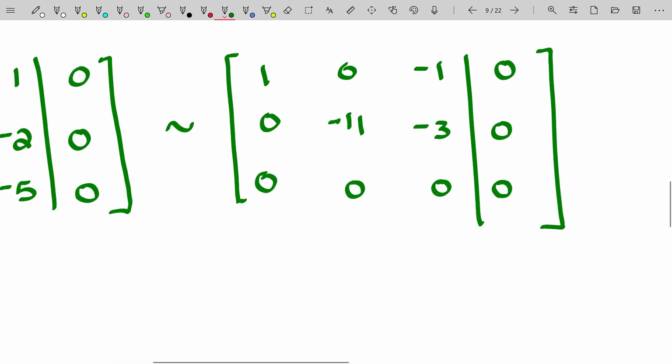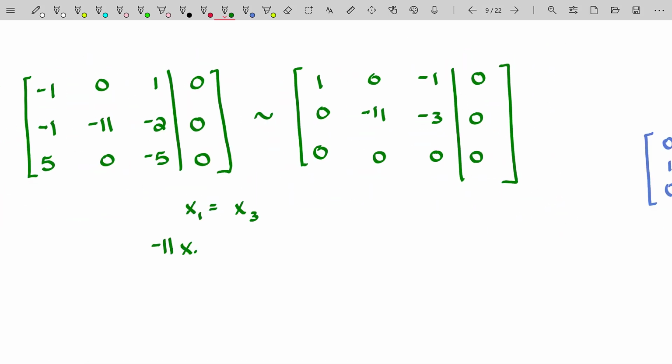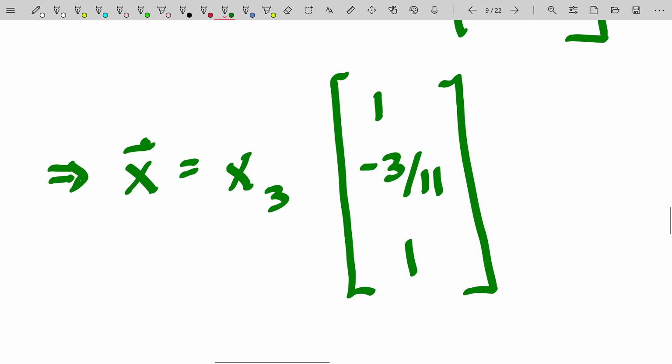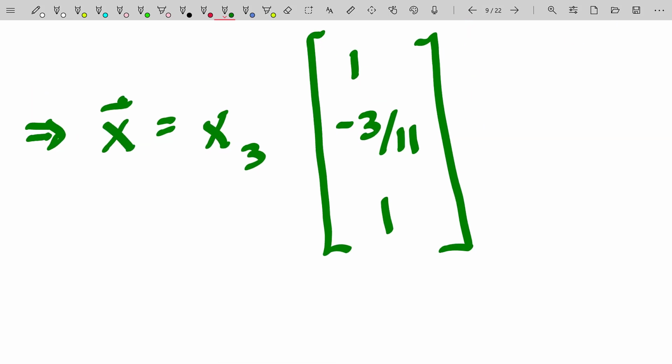This one's a little more interesting. We see that x1 is equal to x3, negative 11x2 is equal to positive 3x3, and x sub 3 is free. And here is another great example of allowing our parameter x sub 3 to be something that kills off fractions.